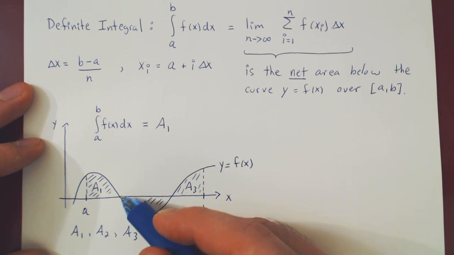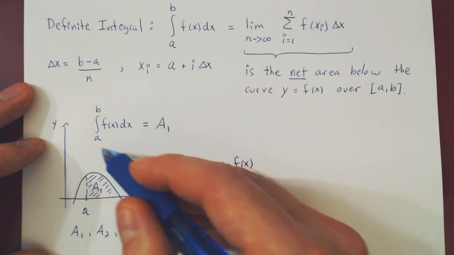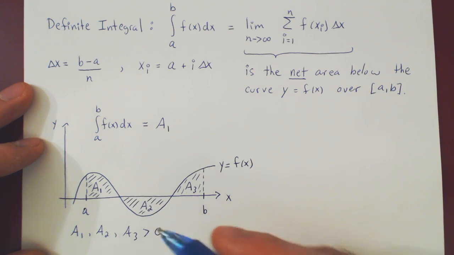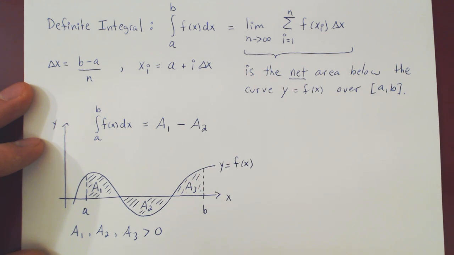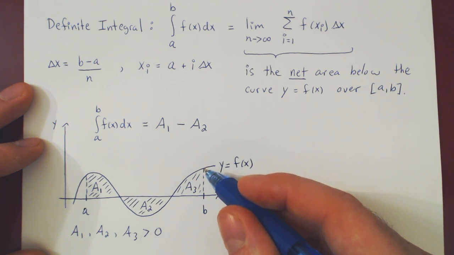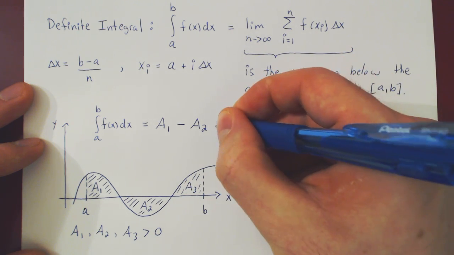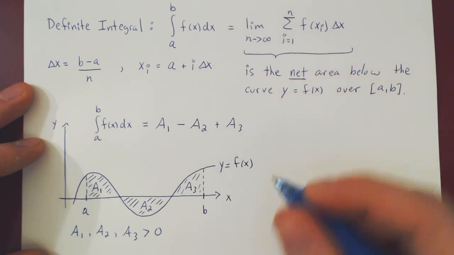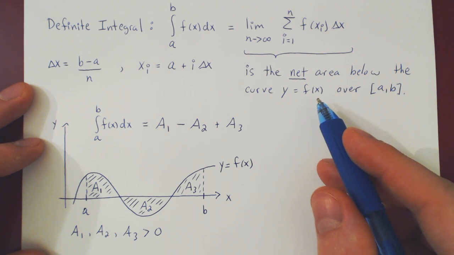As the function from this point to this point is negative, the definite integral is going to return the negative of the area, so negative A2. And finally, as we go from this point to our endpoint b, now the function is positive, and so the limit of the Riemann sum will return the positive of the area of this region, positive A3. And this is why I use the word net area below the curve.